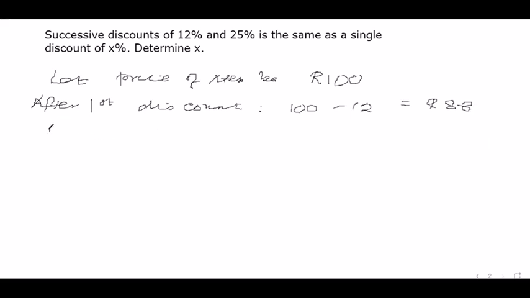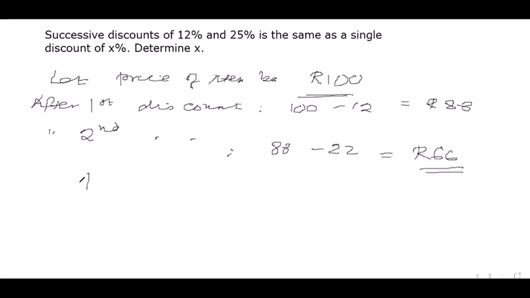But then you got a second discount of 25%. Now 25% you all know is a quarter. So in other words, a quarter of that 88 was taken out. That gives you the second discount. So the final price is 66 rands. So in other words, the original price of 100 rands came down to 66 rands.